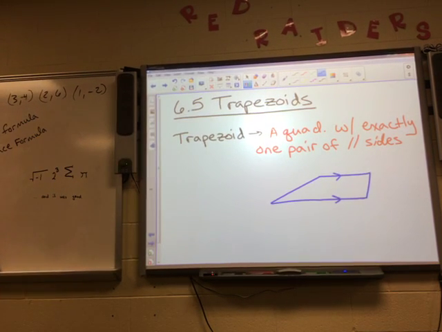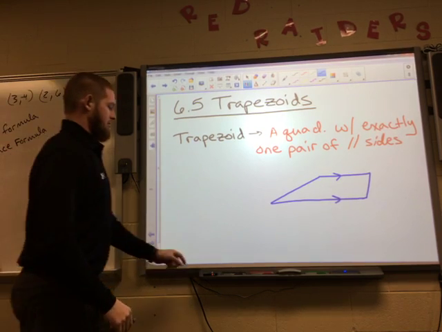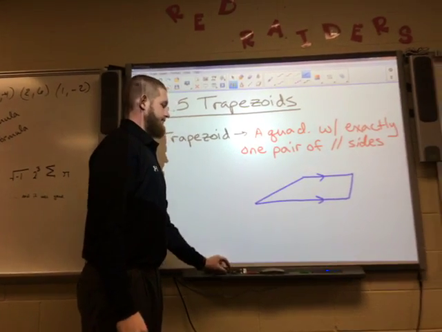And that's where our misconception comes in a little bit. That doesn't, in our minds, always register as a trapezoid. But it is. Because it has exactly one pair of parallel sides, correct? So that means it must be a trapezoid.